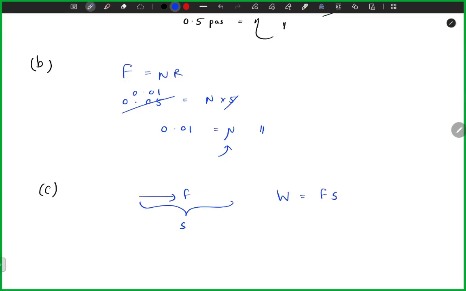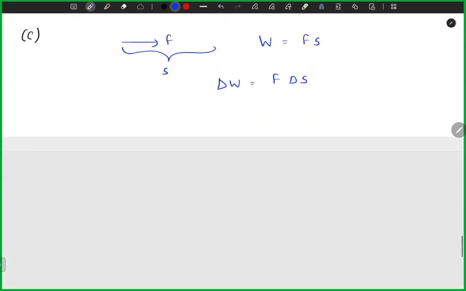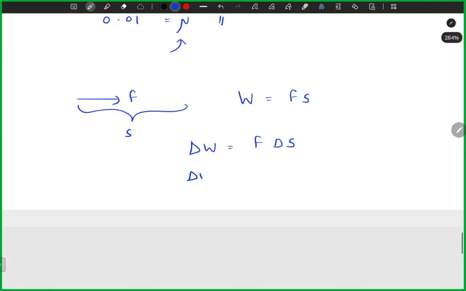Force times displacement. Change in work done is equal to force times the change in displacement. So now what I can do is divide work done by the time taken, both sides. So if you have a constant force, what is the result that we get?